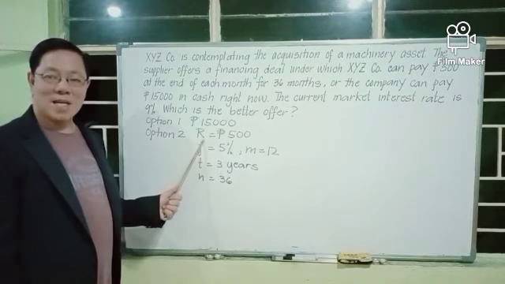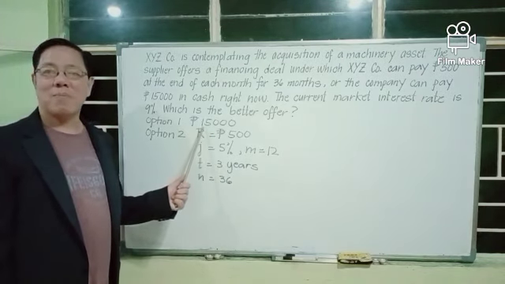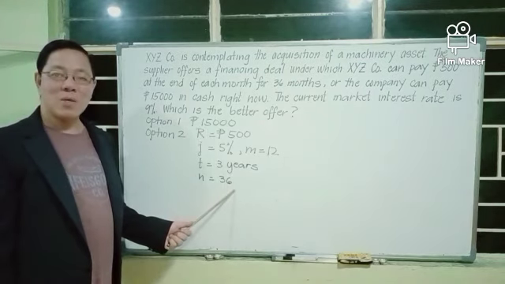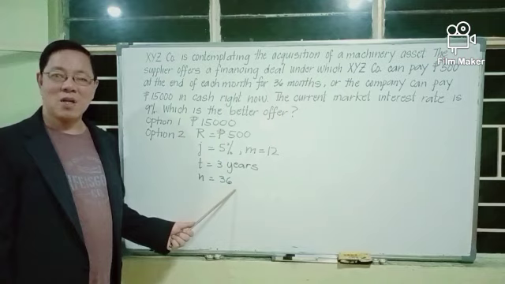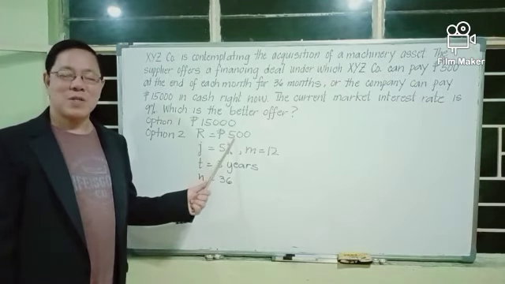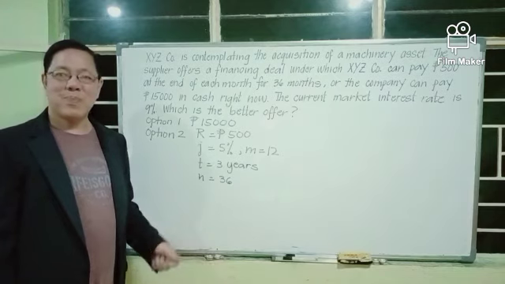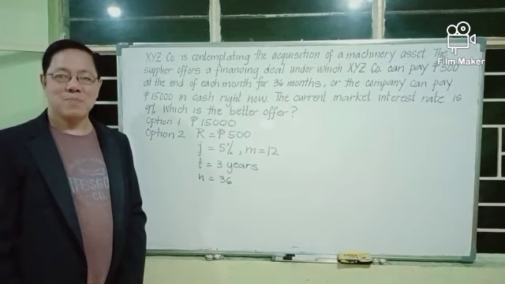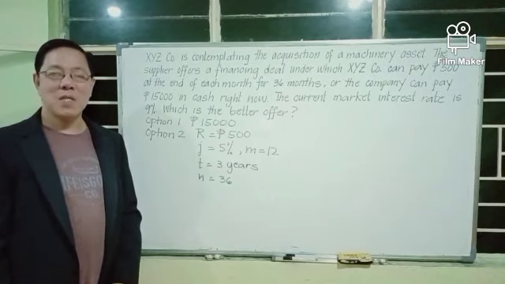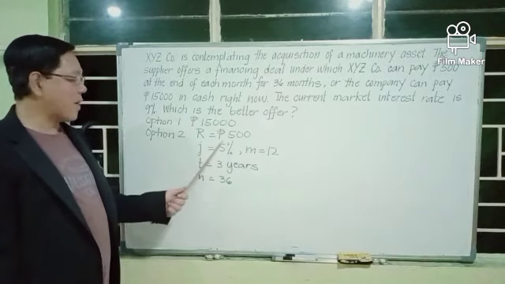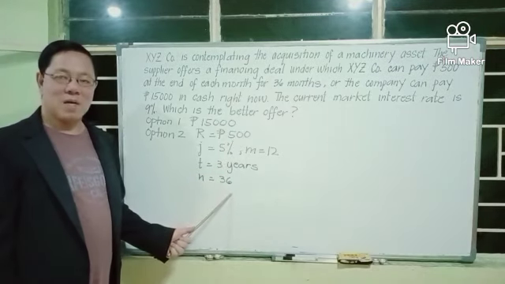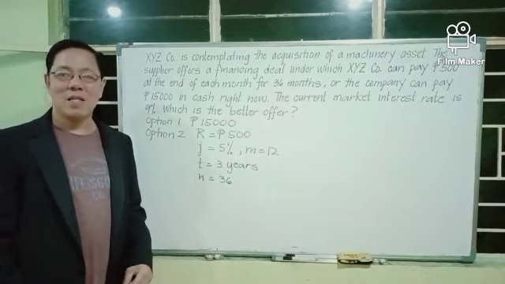Again, to compare the second option with the first option of 15,000 pesos in cash now, we have to find the value of the second option, the value of the payments of 500 pesos at the end of each month for 36 months at present time or now. So for the second option, we calculate the present value of an ordinary annuity that involves a 500 pesos payment at the end of each month for 36 months. And the formula is given by the following.